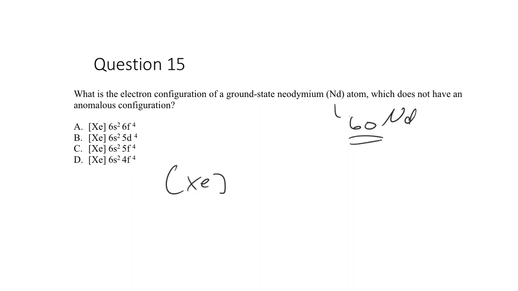So I have xenon, the nearest noble gas, which is 54 electrons, followed by a 6s2, since we're in the 6th row, so you just count down to the next element after xenon. So it's a 6s2, and then we start filling into the first f subshell. We're filling into the 4f, since the first time you can have the f is when l is 3.